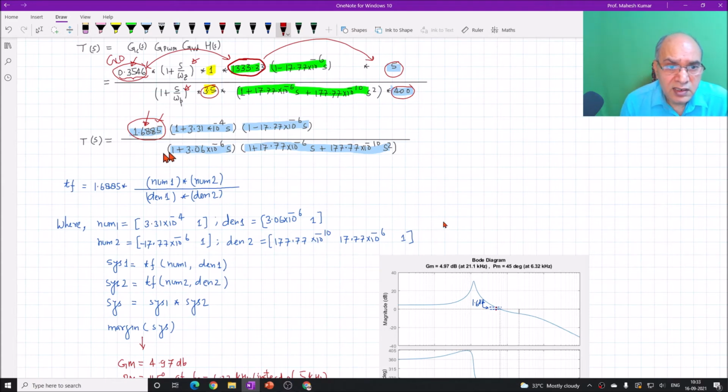So we define the numerator. So there are two transfer functions now. This is one transfer function here.